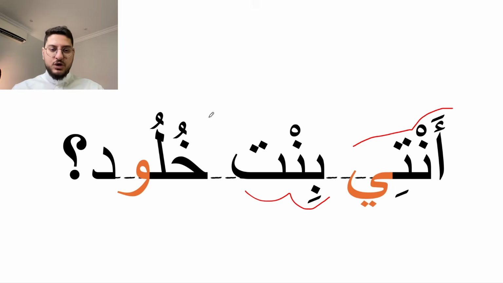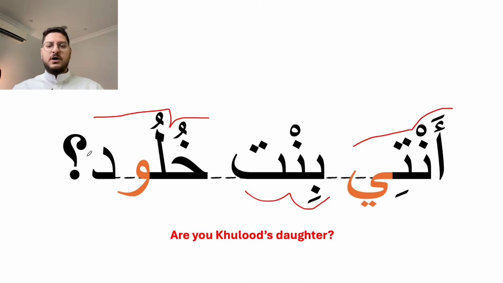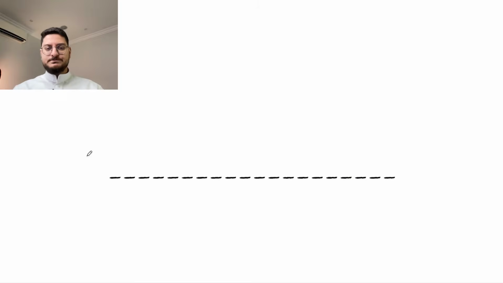And then we have khulud. And khulud is the name of a person, a name of a female. And again, bint khulud means Khulud's daughter, right? So, Anti bint Khulud, question mark. Are you Khulud's daughter?